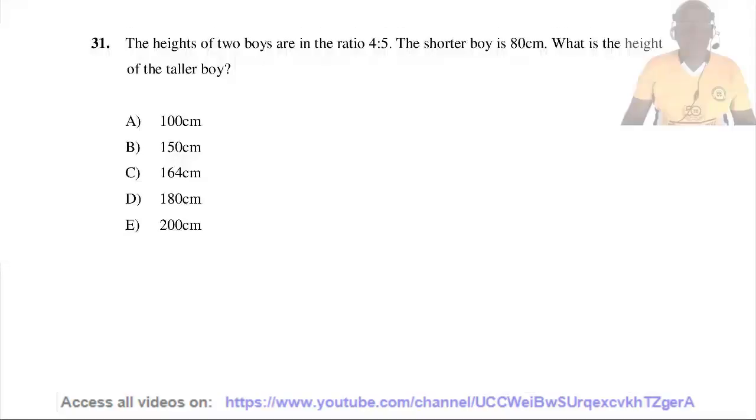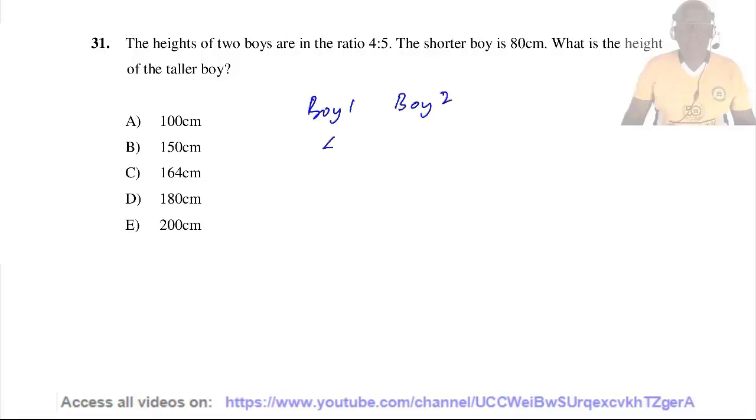Question 31. The heights of two boys are in the ratio 4:5. The shorter boy is 80 centimeters. What is the height of the taller boy? The heights of the boys are in the ratio 4:5. That's boy 1, boy 2.